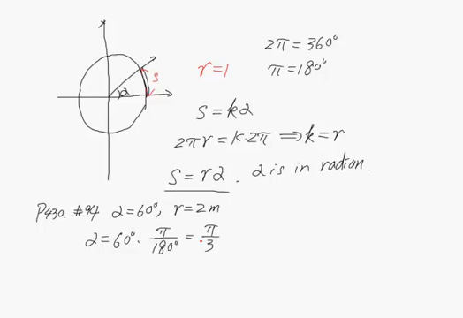Just keep this answer in the exact form. Don't use 3.14 to replace pi. So keep the pi. And then now we can use this arc length formula. The arc length S is equal to r times alpha. r is equal to 2 meters, and alpha is equal to pi over 3. So finally, you get 2 pi over 3 meters.